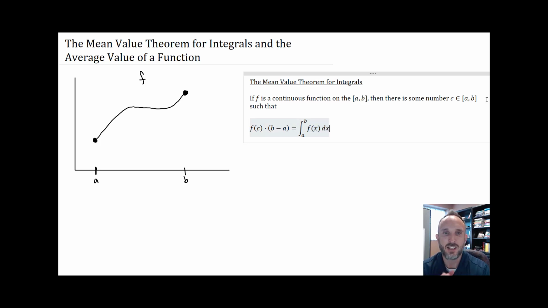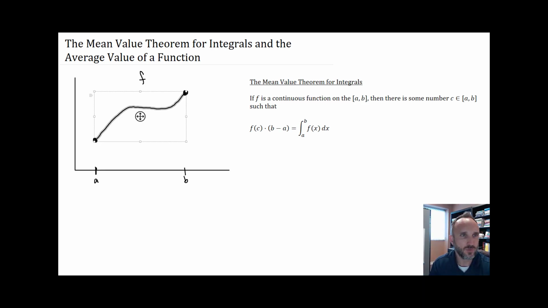Okay? Now that seems like a lot. So let's explore all of the last part after the word then. Let's first understand what the right side of this represents. One way to think about the definite integral of a function is that it's the area under the curve.